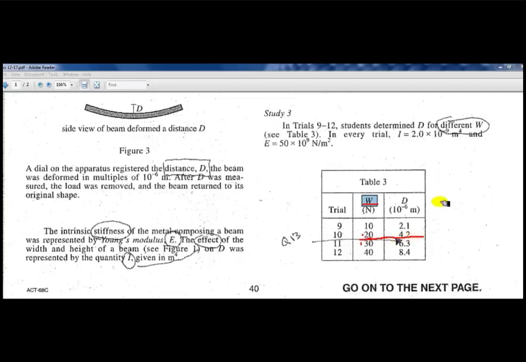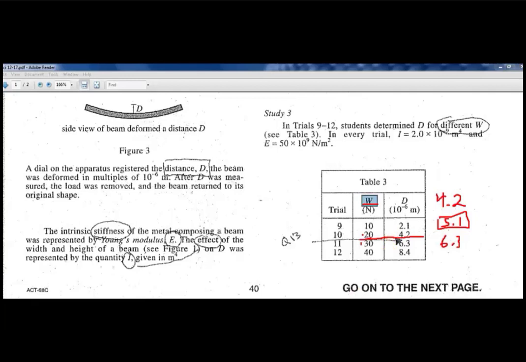The D value would be between 4.2 and the 30W, which is trial 11, 6.3. What's between 4 and 6? How about 5? 4, 5, 6. 5.1. Seems like a reasonable number.